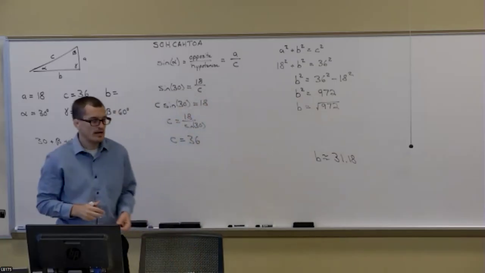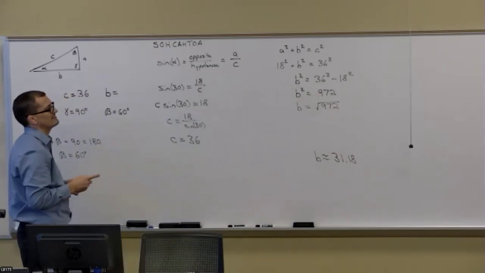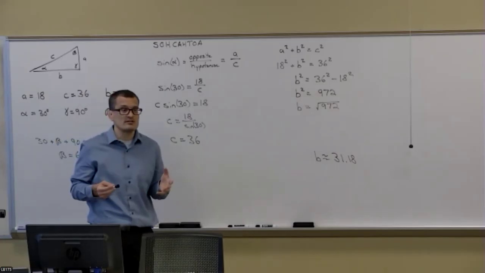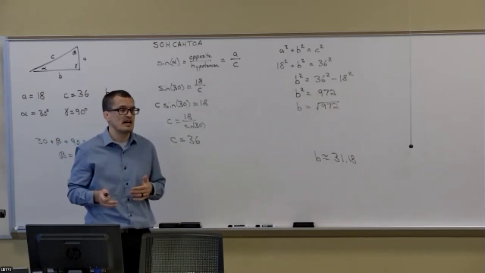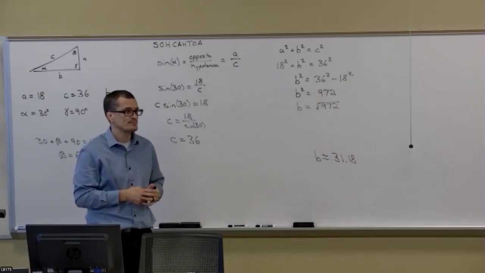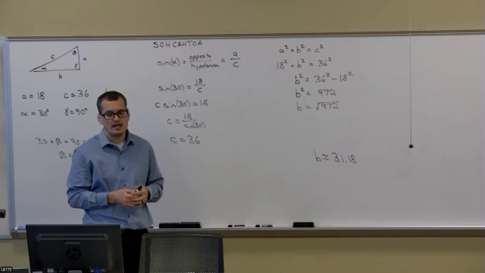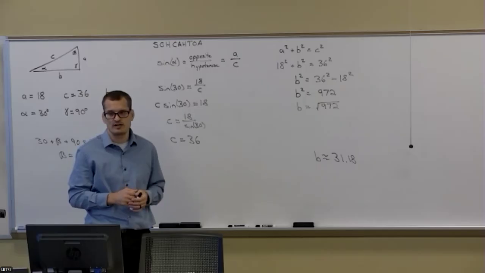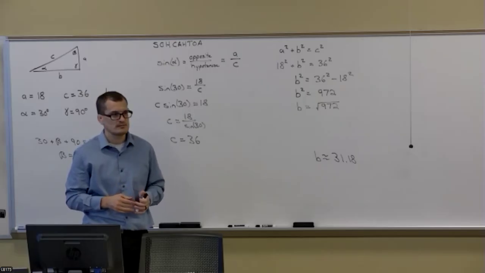So what I'm saying is that not only does the law of sines work for these other triangles, but we actually could have used law of sines as opposed to SOHCAHTOA and the Pythagorean theorem in our previous work when we solved the right triangles. Okay.